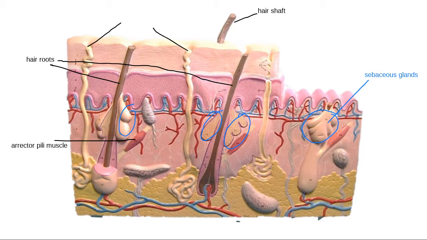These glands are what we call eccrine glands. The way you're going to identify an eccrine gland is that it goes all the way to the surface of the skin. These ones don't dump onto your hairs. These ones go straight to your epidermis. And these ones do what we call thermoregulation.